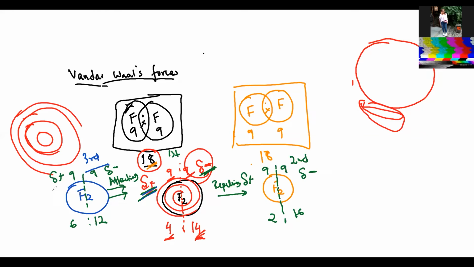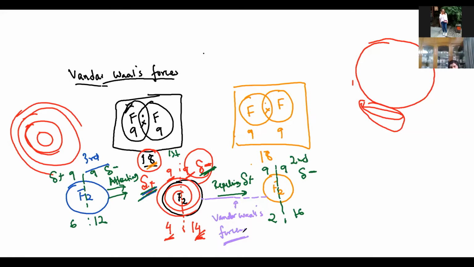Isn't it like a chain reaction? Yes, sir. So this will keep on going on. So এখানে কি হলো? It is a temporary force. That's why this force, the attraction which finally arises, is van der Waals forces.